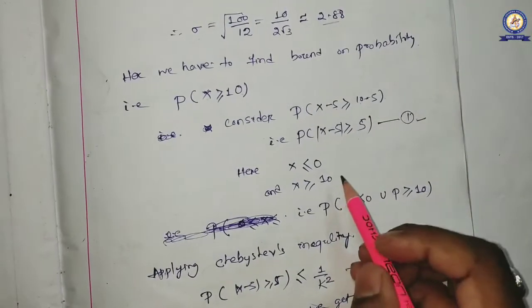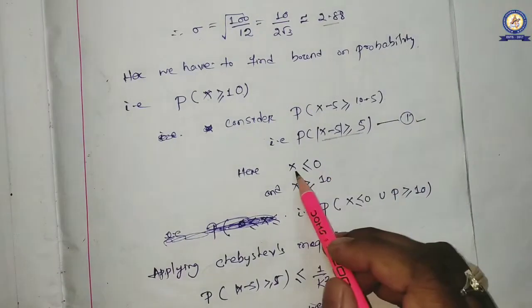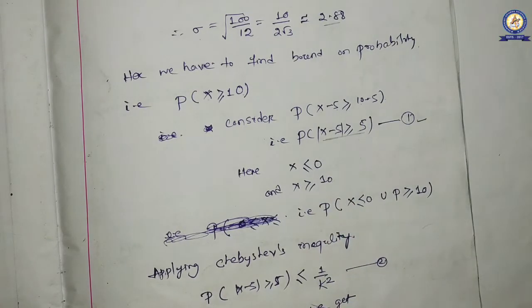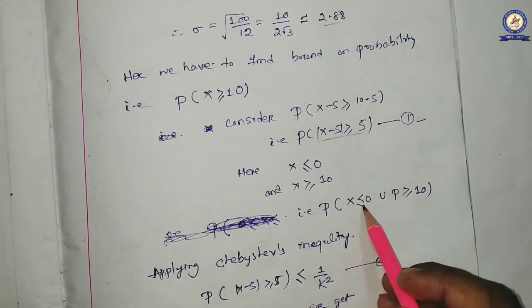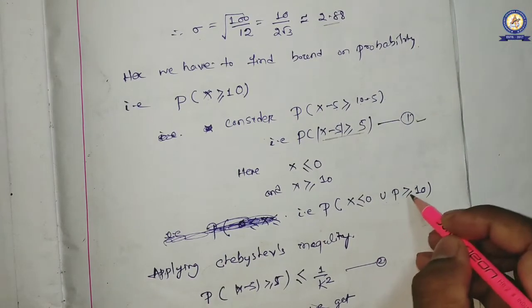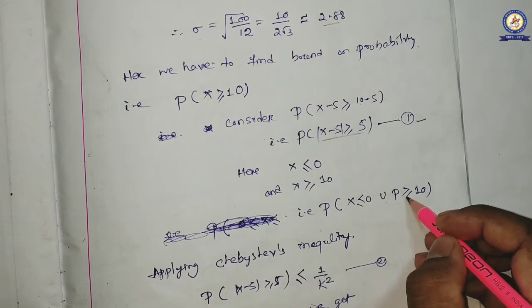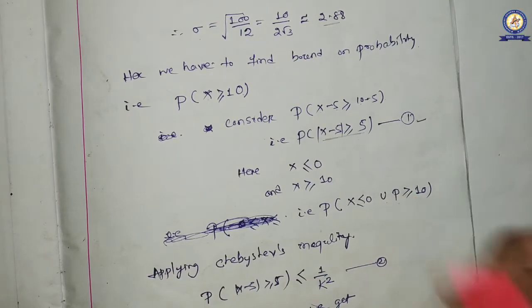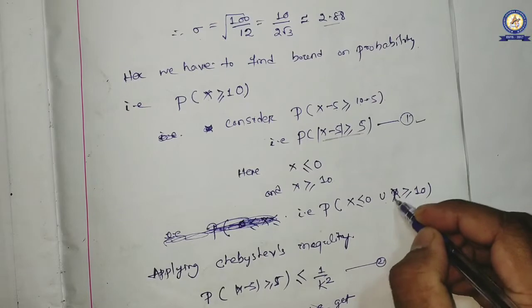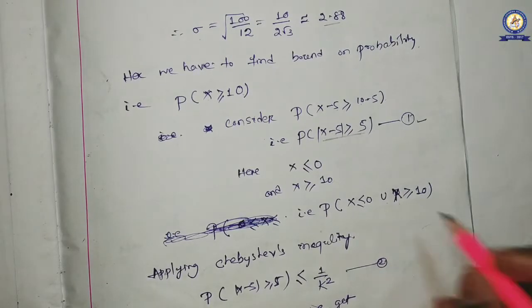And as we know, this range is nothing but x less than 0 and x greater than or equal to 10. That means probability of x less than 0 union probability of x greater than or equal to 10.